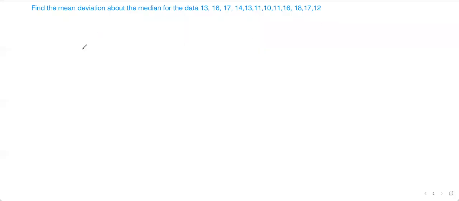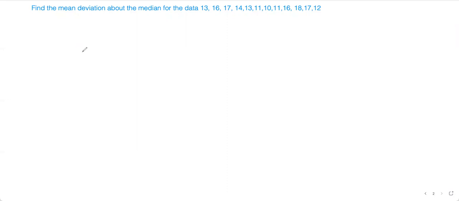Now let us solve this one. The given data here has 12 observations, which is even.